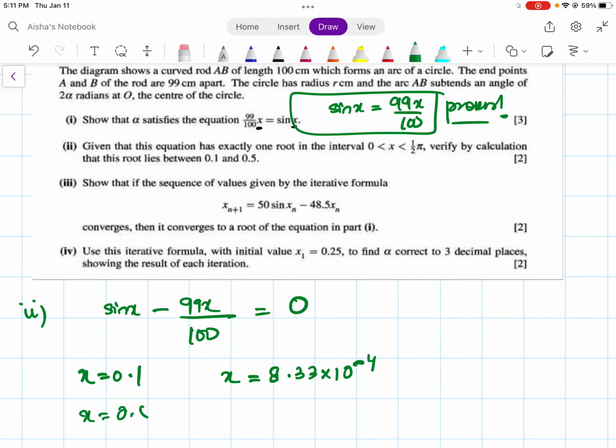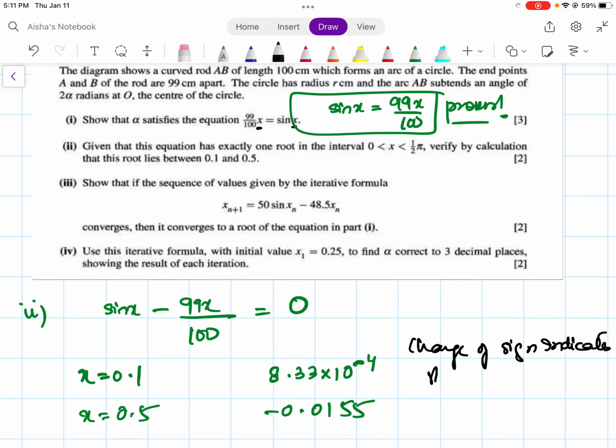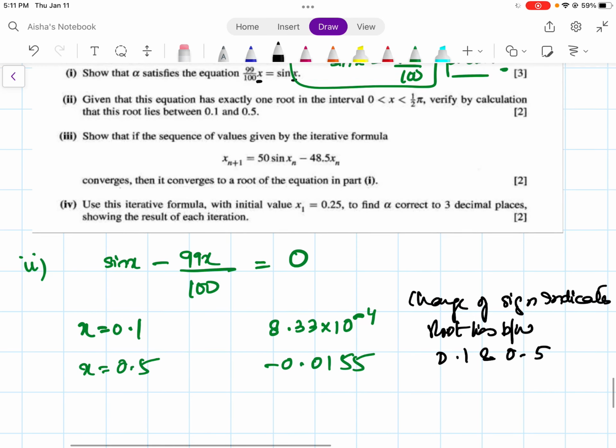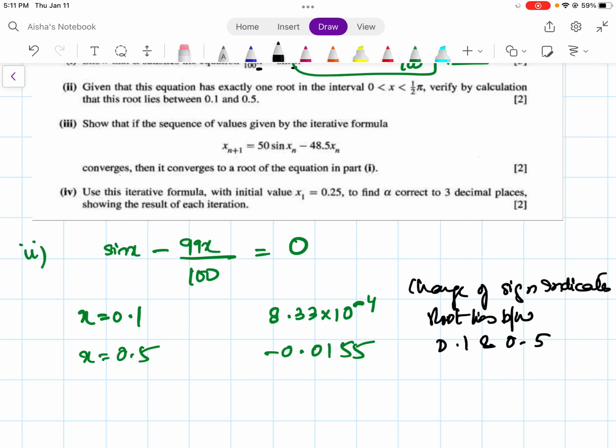When x is 0.5, my value is minus 0.0155. This is not the value of x, this is the answer. Change of sign indicates the root lies between 0.1 and 0.5. Clear about it?